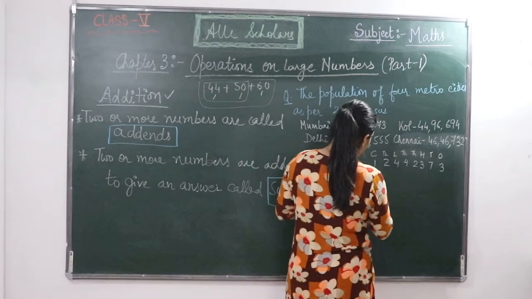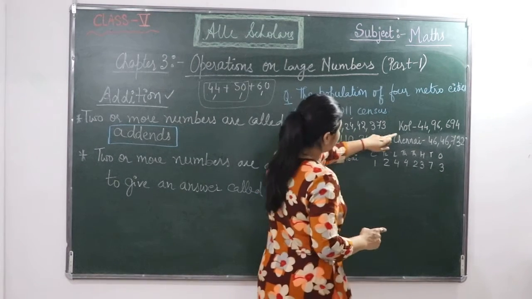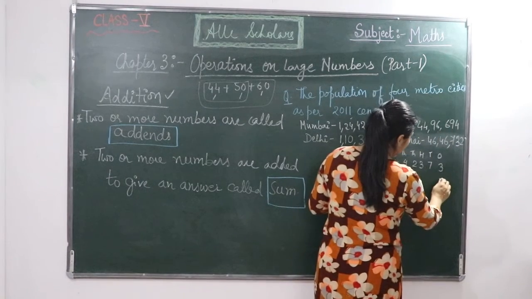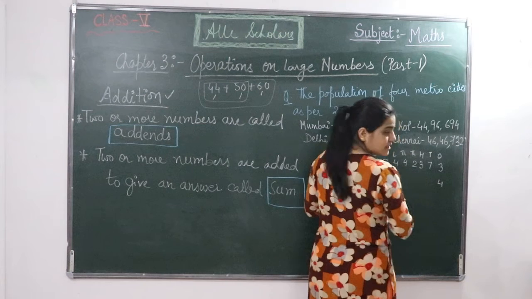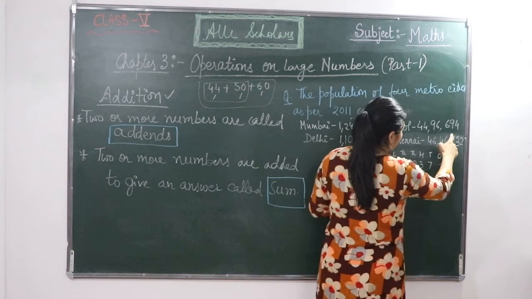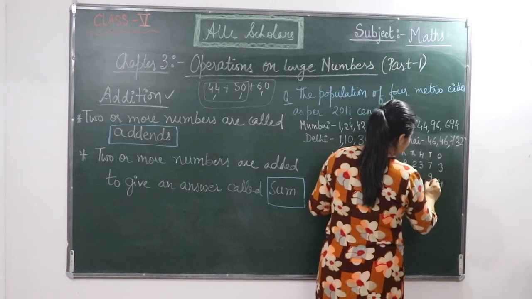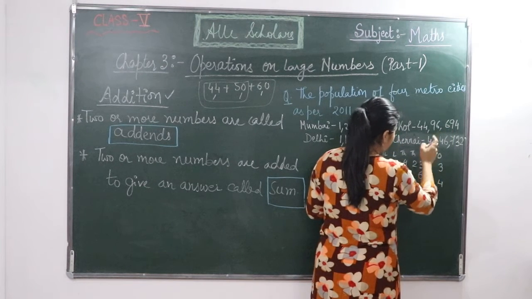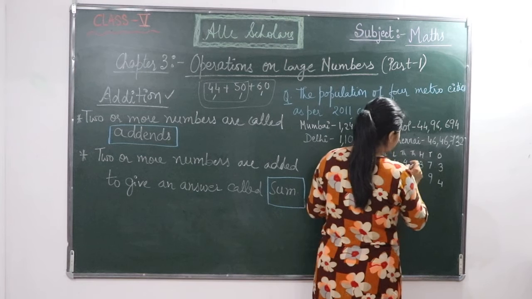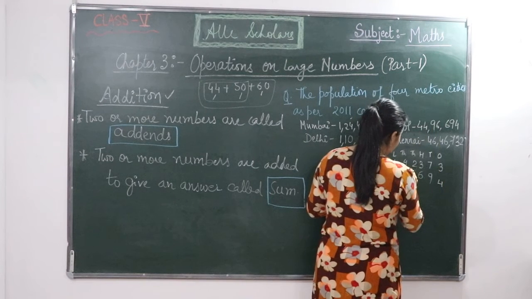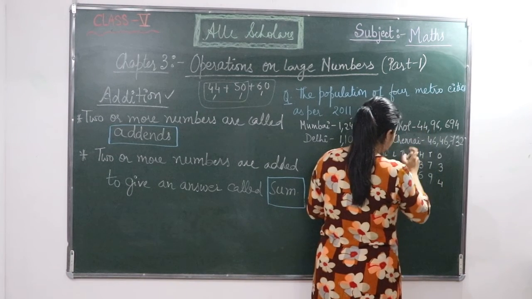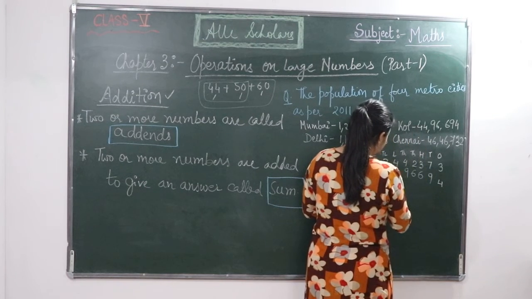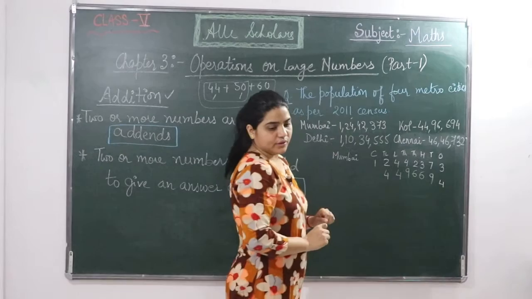Now what we have to add plus Kolkata, we will see. For Kolkata at ones, it is 4. 9 comes at tens. At hundreds there is 6. Again 6 at thousands. 9 comes at ten thousands. At lakh there is 4, and at ten lakh again there is 4.